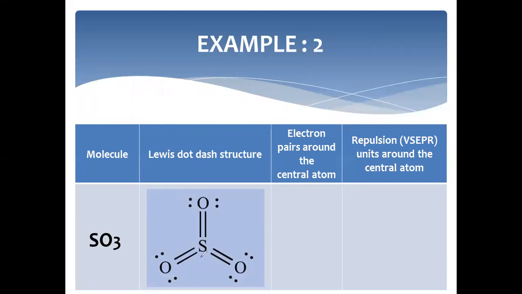Here you have 1, 2, 3 double bonds. Each double bond contains 2 pairs of electrons, so 3 into 2 pairs of electrons. What is the number of electron pairs around the central atom? That is 6. Let's check.